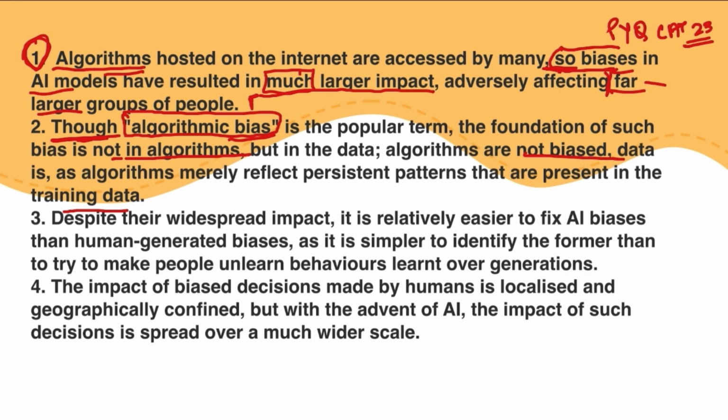Here we introduce that there exists biases in the AI model and they have much larger impact. Here we explained that although it is called algorithmic bias, they do not actually exist in algorithms but in the data. So we are giving further explanation for the points which are mentioned in this statement, right?